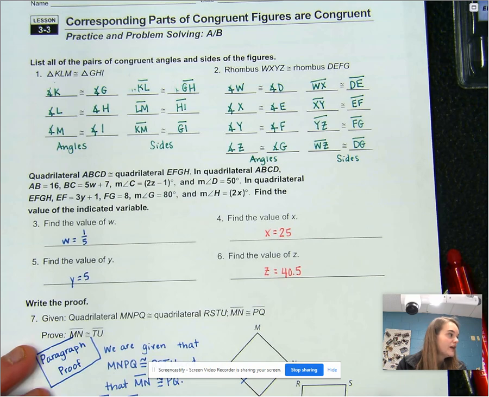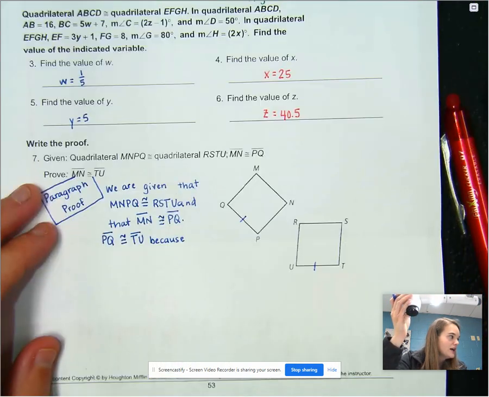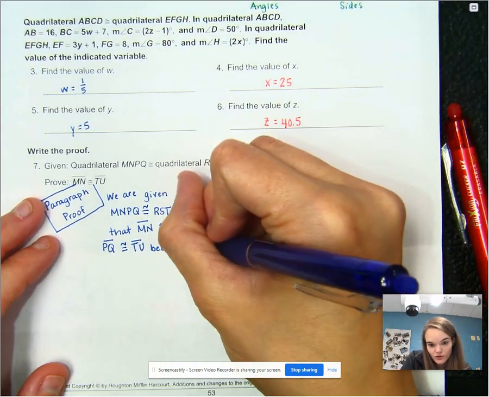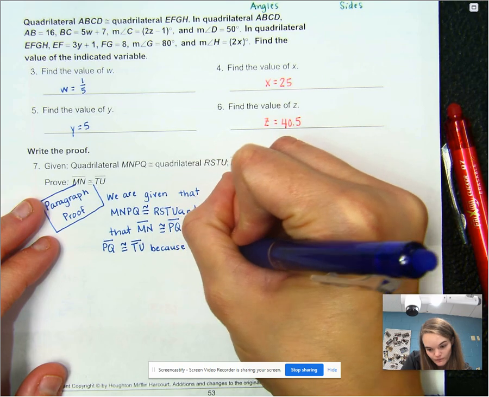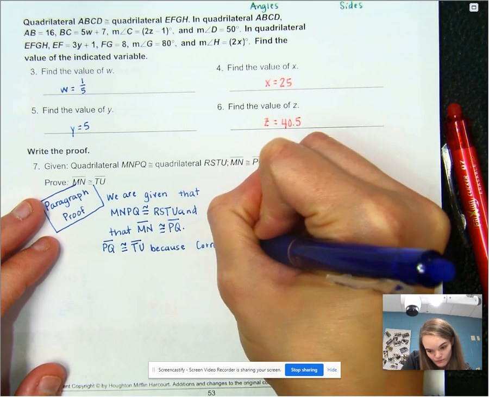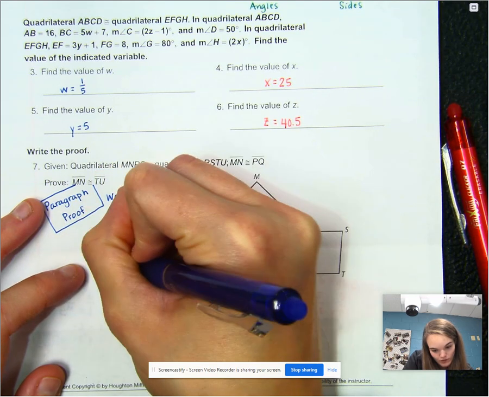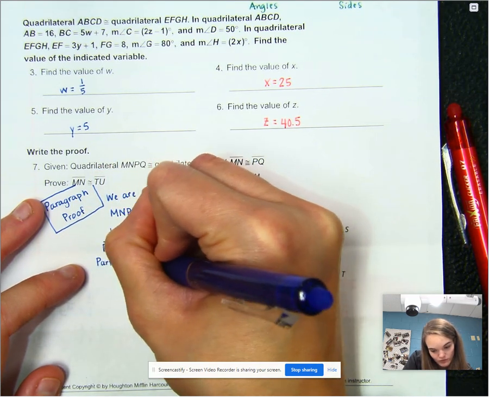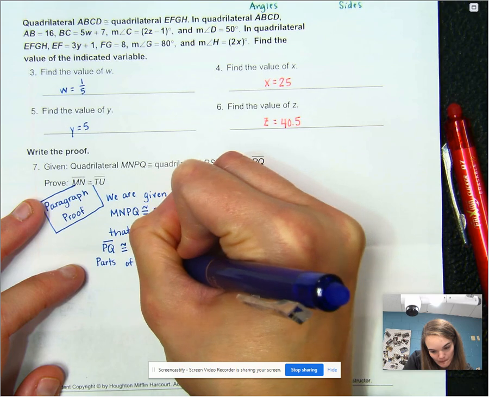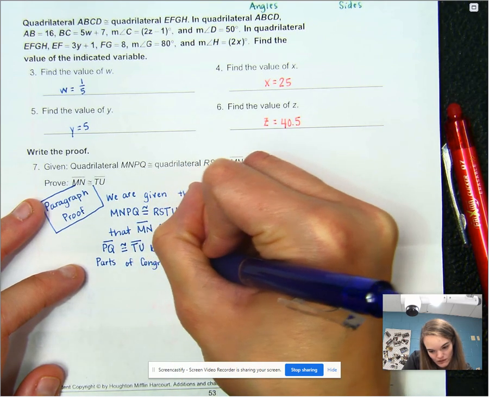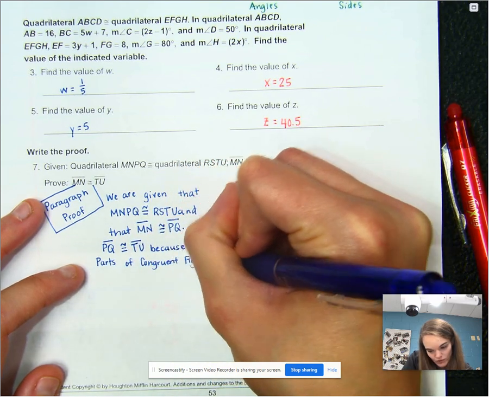That's why they are congruent. That's what we're going to write. Because corresponding parts of congruent figures are congruent.